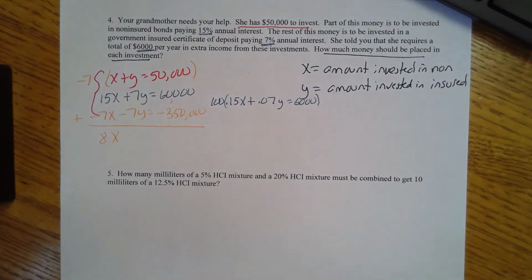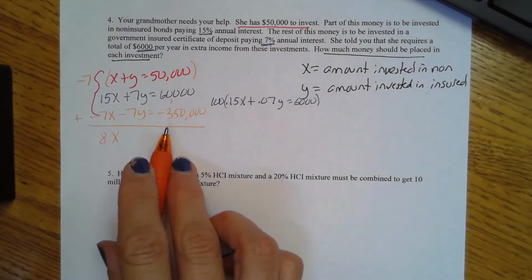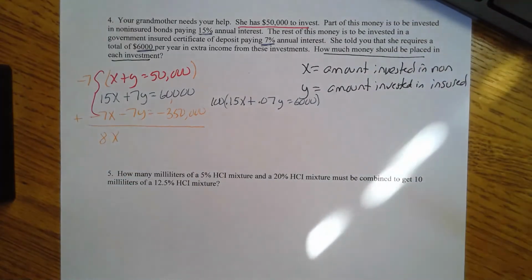Yeah, so 600,000 should have been it. So 600,000 minus 350,000 would give you 250,000. So I think I left off a 0 up here.